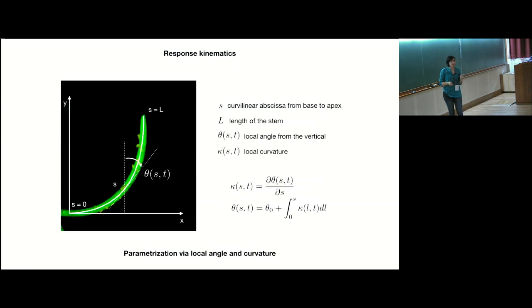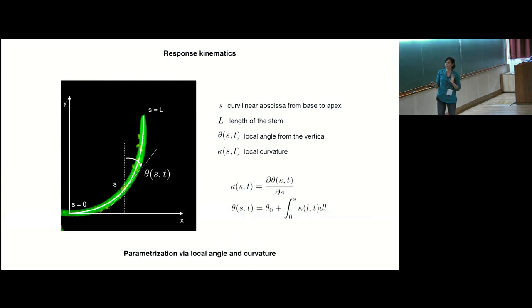So now we want to parameterize. We want to say something a bit more quantitative about these movements. So how do we go about it? In order to parameterize this problem, I will use one variable, which is theta, the local angle.